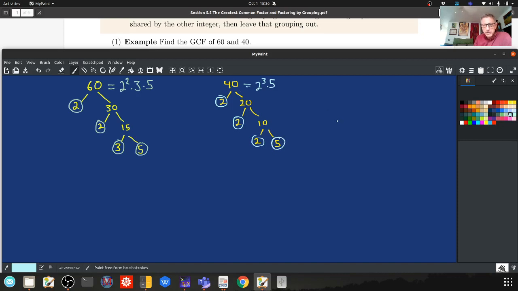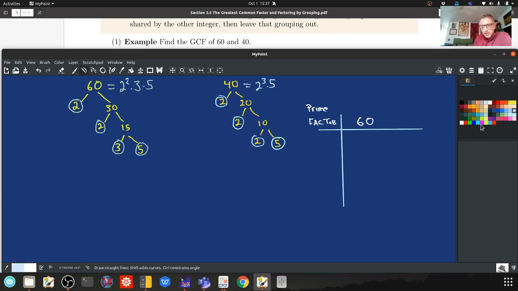So now what we do is I literally make a table. And that table is going to be determined by the prime factors that I found. So that's going to be the very first column. And then the second column head is just going to be one of my numbers.